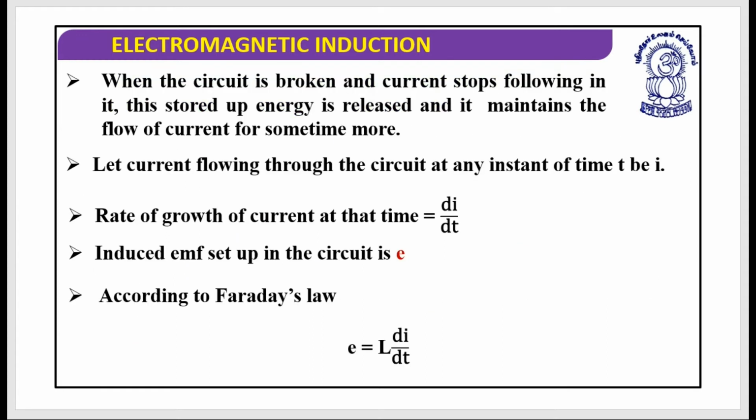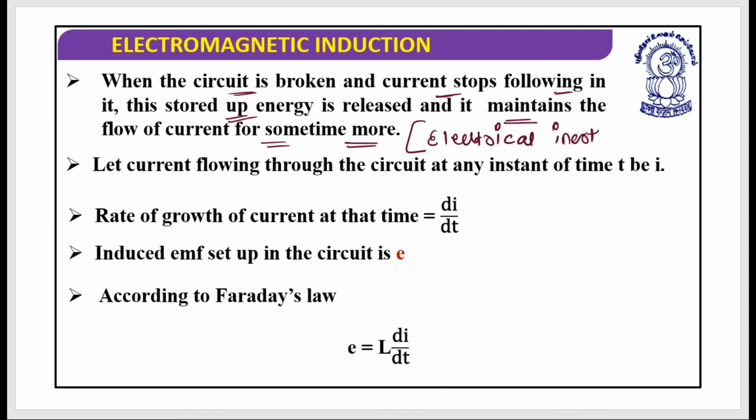So when the circuit is broken, I mean when the switch is open, the current stops flowing in it, and this stored up energy is released, and it maintains the flow of current for some time more. If you go through it one more time, this is what we understood as an electrical inertia.